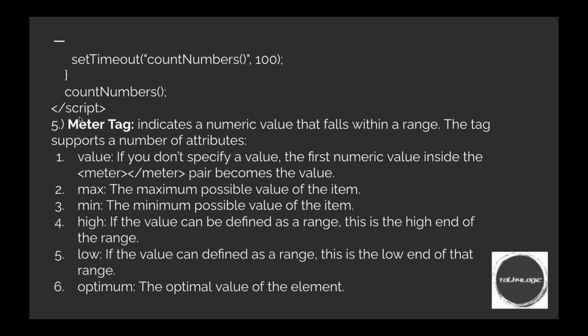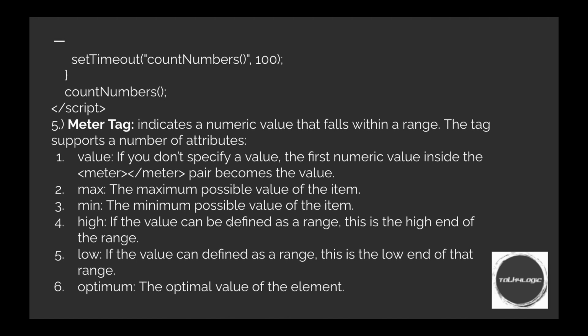Now we have the last tag, which is the meter tag, which indicates a numeric value that falls within a range. The tag supports a number of attributes, which are values. If you don't specify a value, the first numeric value inside the meter pair becomes the value. Max is the maximum possible value of the item, min is the minimum possible value of the item. What exactly is the high attribute?